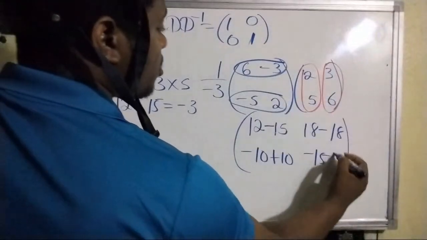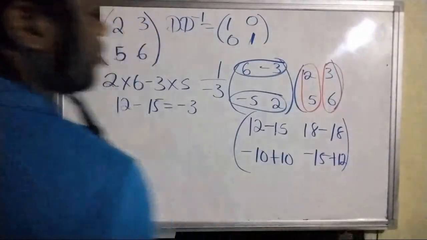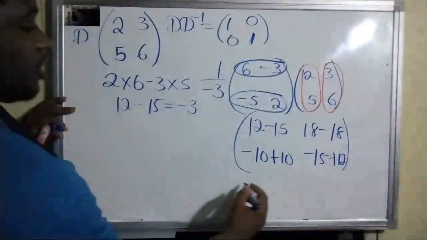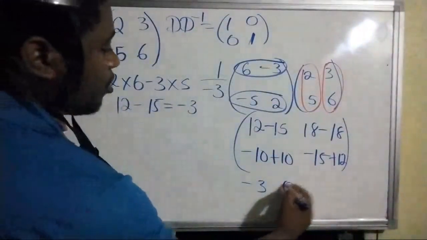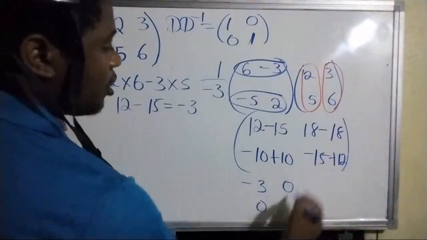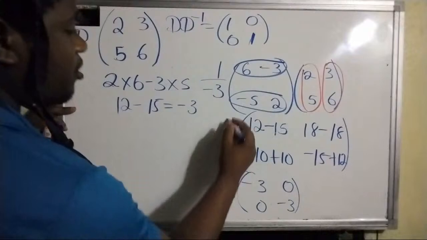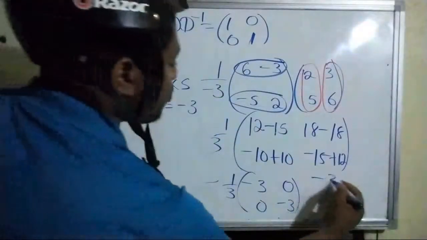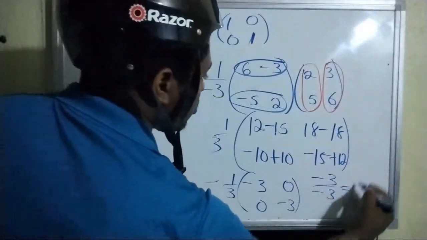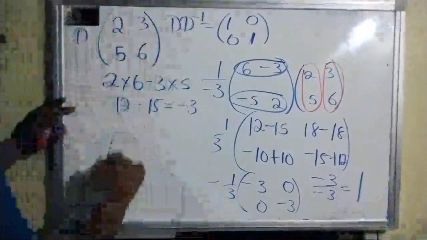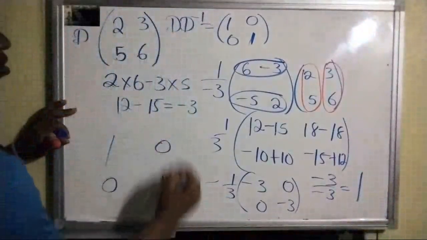And 2 times 6, 12. Alright, so this will give us negative 3, 0, 0, and negative 3. But remember, we are supposed to divide by negative 3. So negative 3 divided by negative 3 is equal to 1. Therefore, 1, 0, 0, 1.